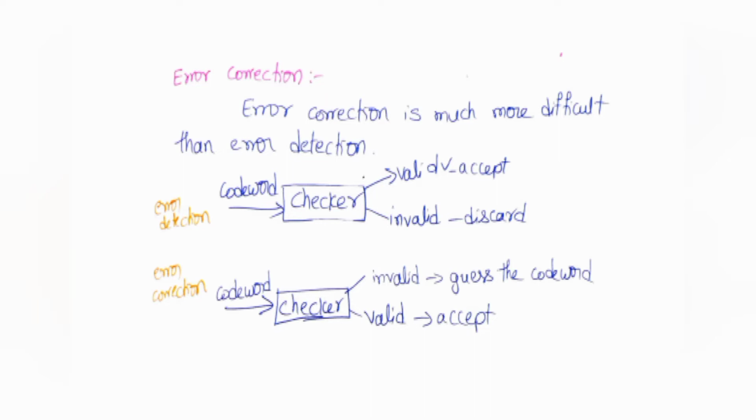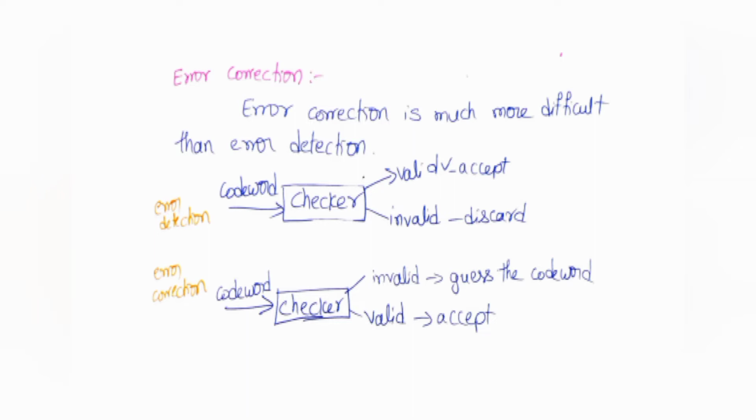But in the case of the error correction mechanism, the checker will take the code word, that is the message, and it will accept the message only when the given message is error free. That means if there are no errors in the given message, it will be valid and it will accept.